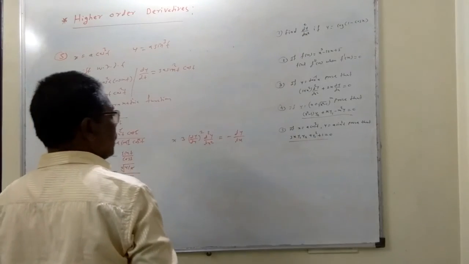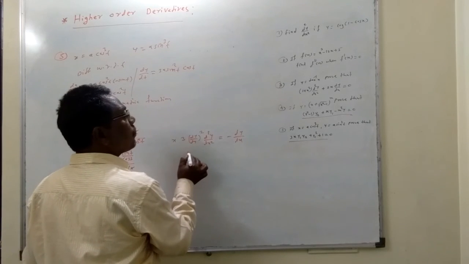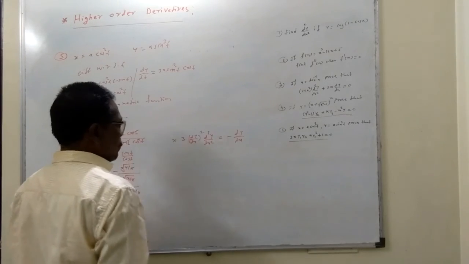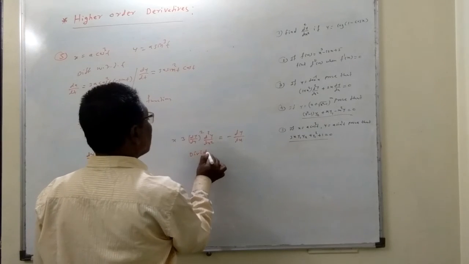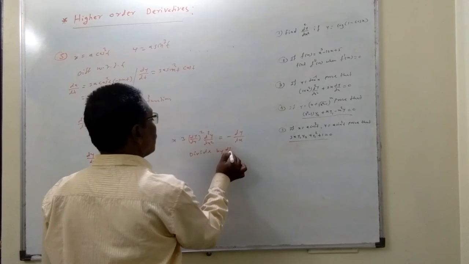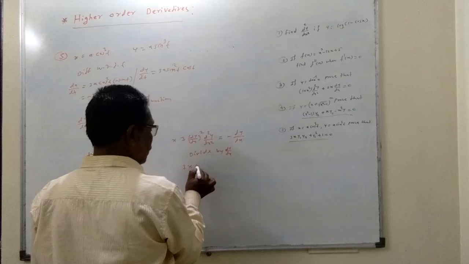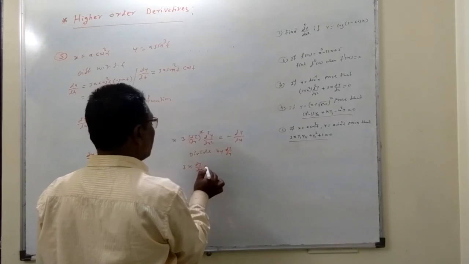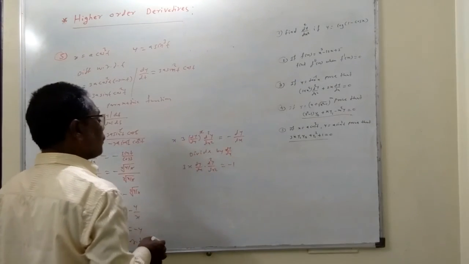Now suppose we'll divide by dy by dx. So 3x, dy by dx square gets cancelled after division, into d2y by dx square is equal to minus 1.